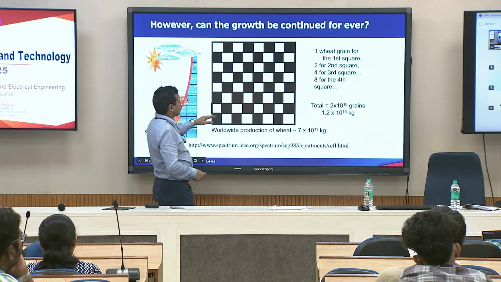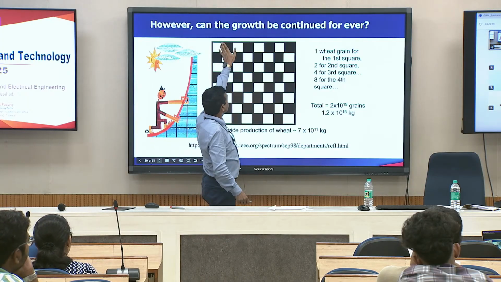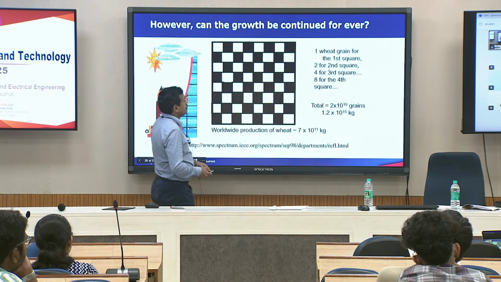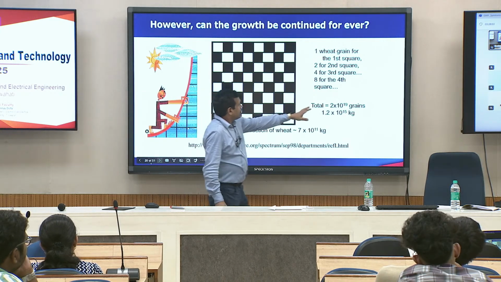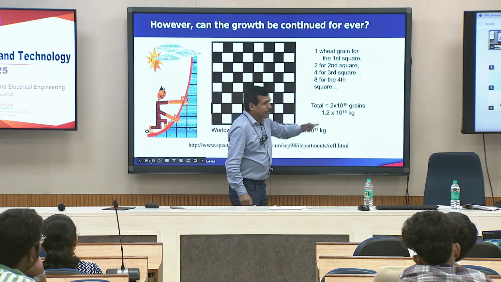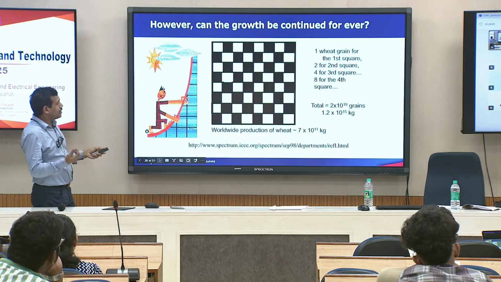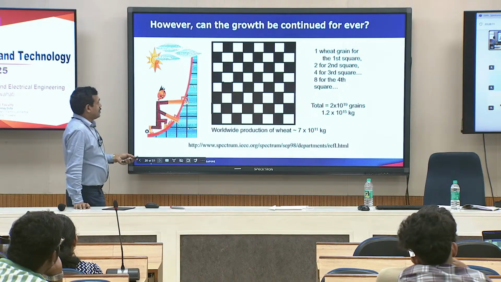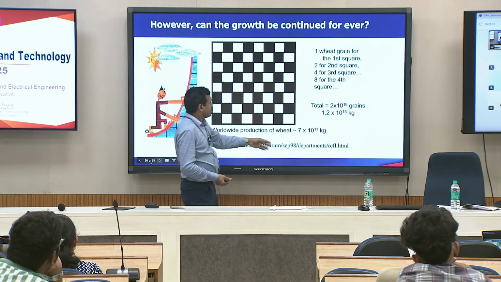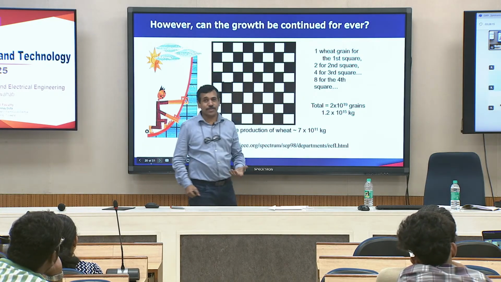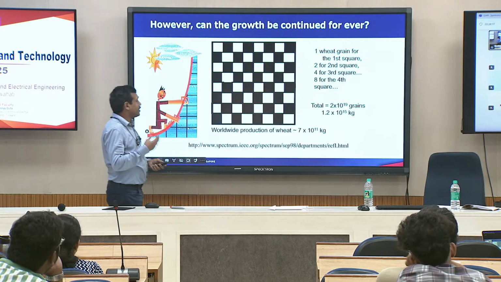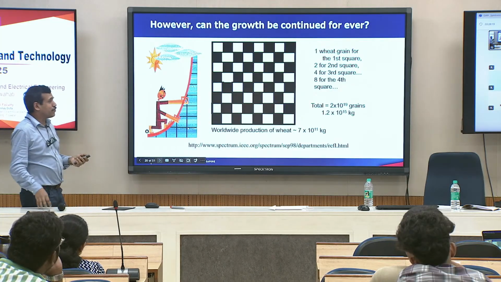If you go to the 64th square, you will need about 2 times 10 power 19 grains, which is about 1.2 times 10 power 15 kilogram, which is actually more than the worldwide production of wheat. So, obviously that kingdom cannot deliver their promise.